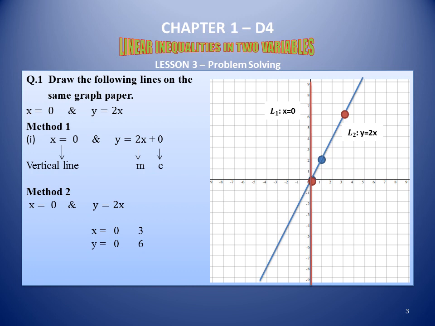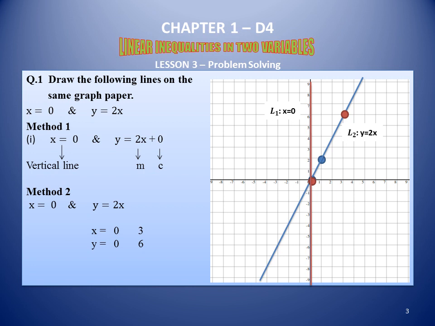So see, both method 1 and method 2 give the same graph. If you are asked to draw these graphs, you can use method 1 or method 2, not both methods at the same time. This is example number 1.